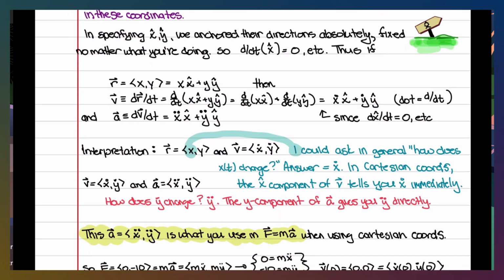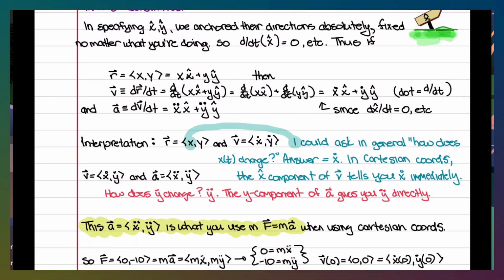So the interpretation then is, and usually these are questions that you ask, like you could ask the general question, how does x change? How does your position along the x direction change? Well, that is just x dot. How does y change? y dot. These are how these things change with time.